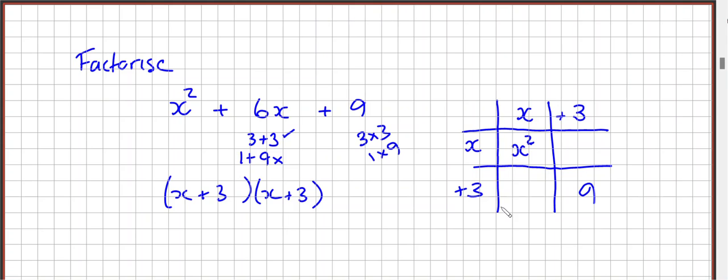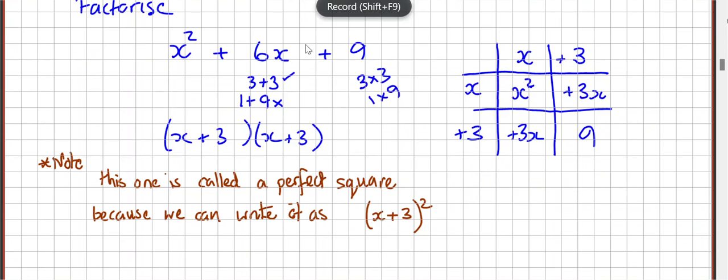So I don't need to fill out the grid, I've already figured it out, because this would be plus 3x, this would be plus 3x, which would indeed make it 6x. Two things multiplied together, if they are the same thing, it's squaring, right?